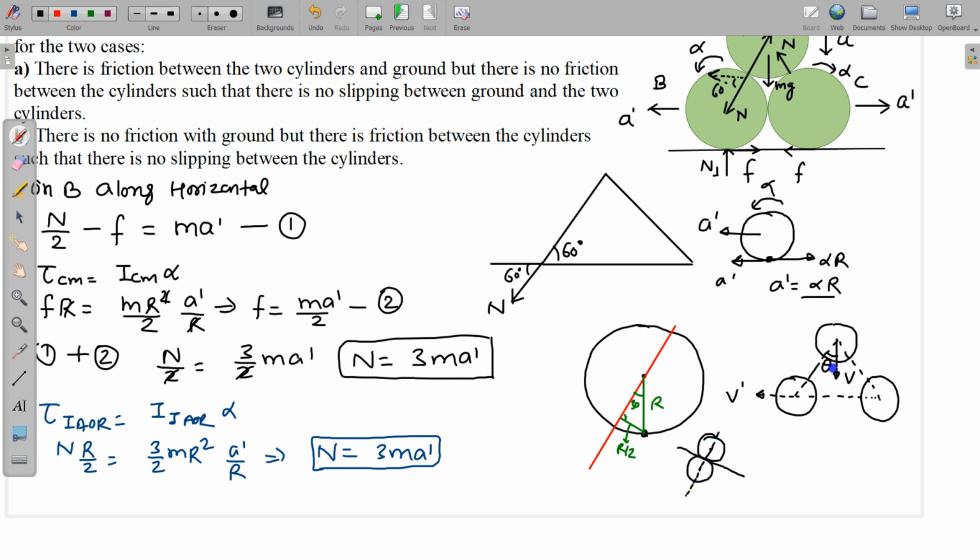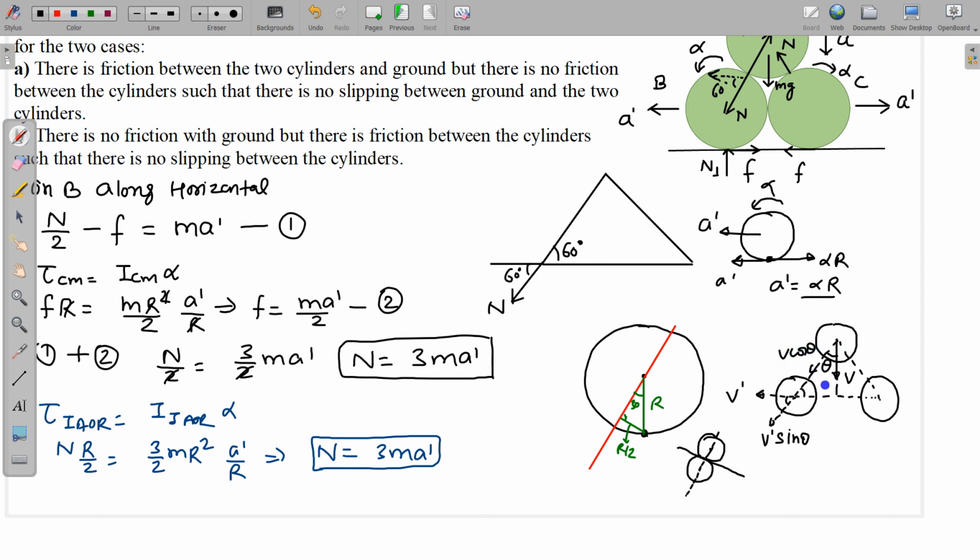So component of this velocity v along the normal direction will be v cos theta, and for this component, this angle is 90 minus theta, so this will be v dash cos(90 minus theta). So this will become v dash sin theta.